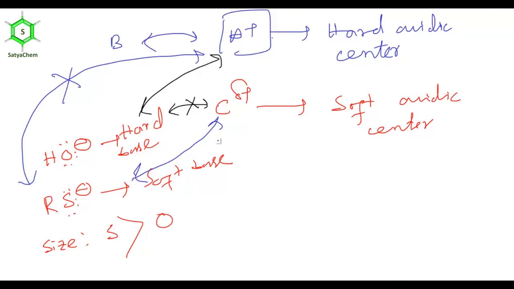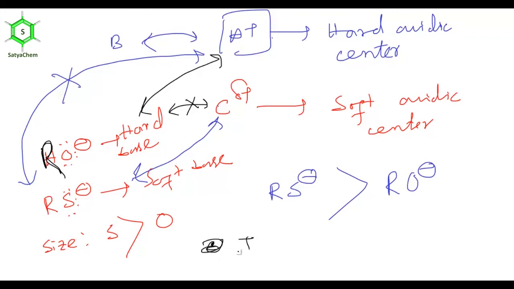So according to this concept, you can say that RS minus is more nucleophilic than RO minus. Okay, in a similar way, I minus is more nucleophilic than Br minus, and Br minus is more nucleophilic than Cl minus. Is that clear?